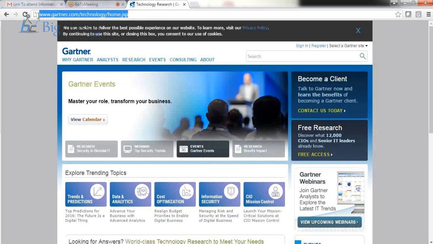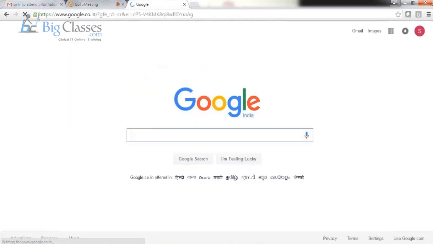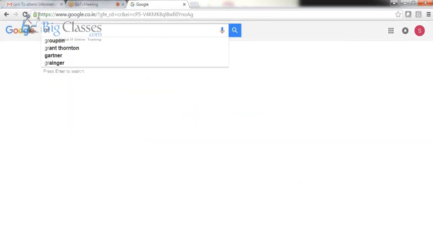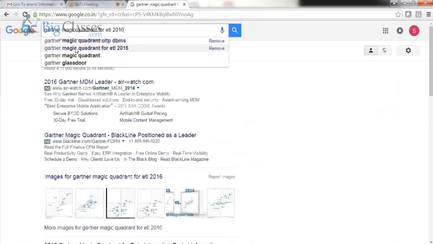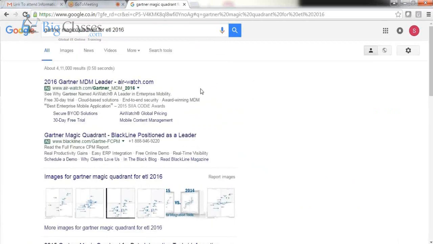Now, if you just Google, let me type here, Gartner's magic quadrant for ETL tools. As Informatica is an ETL tool, let's have a look at this one.